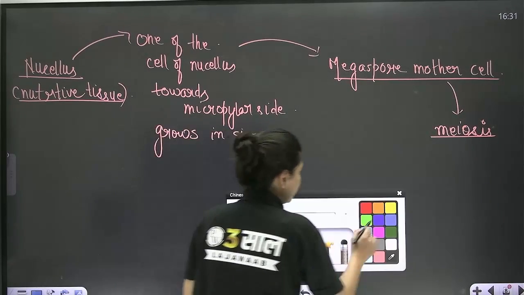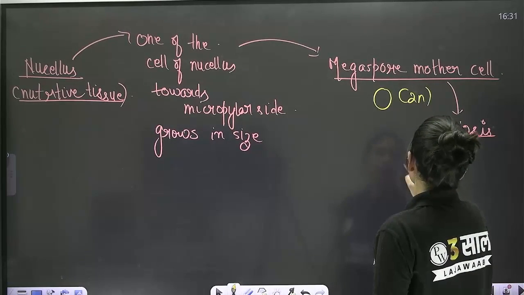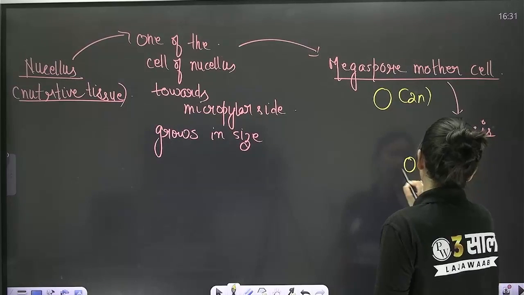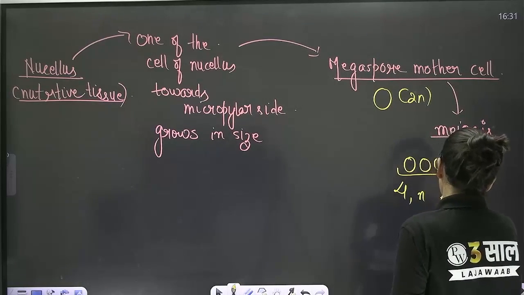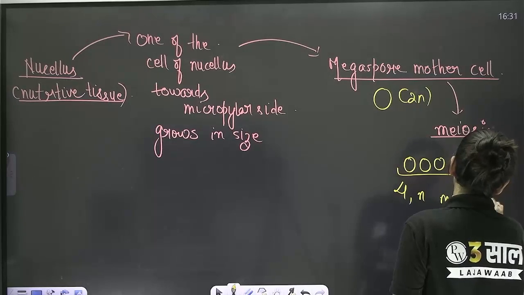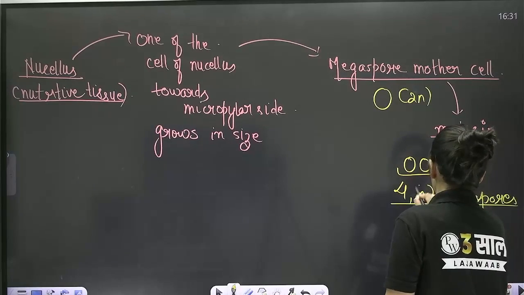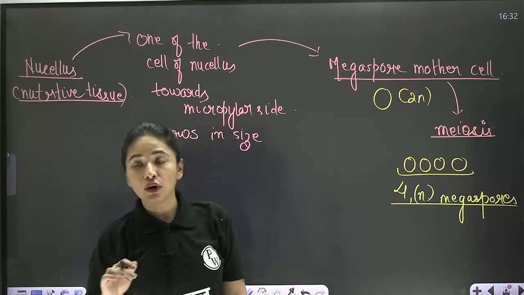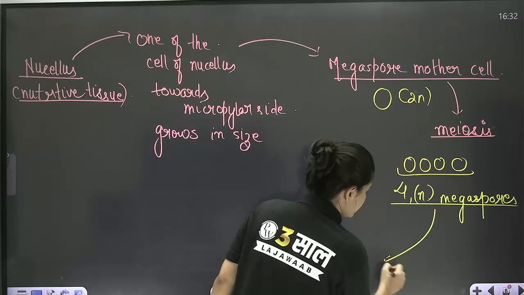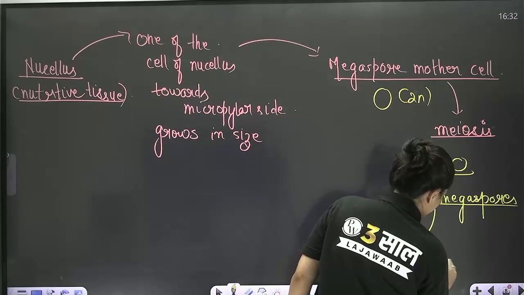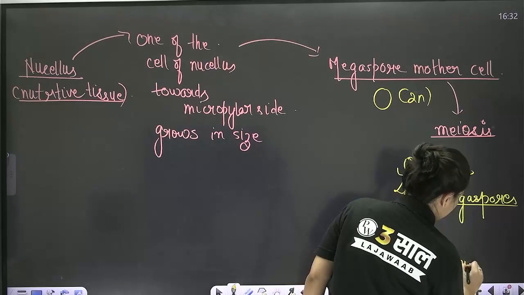Now imagine there's one diploid cell. If it undergoes meiosis, then it will result in the formation of 4 haploid cells, here called megaspores. Correct? Now, from the 4 megaspores, beta, 3 get degenerated and 1 remains functional.